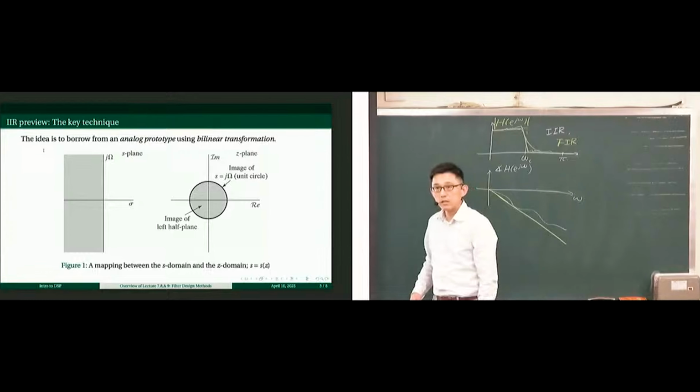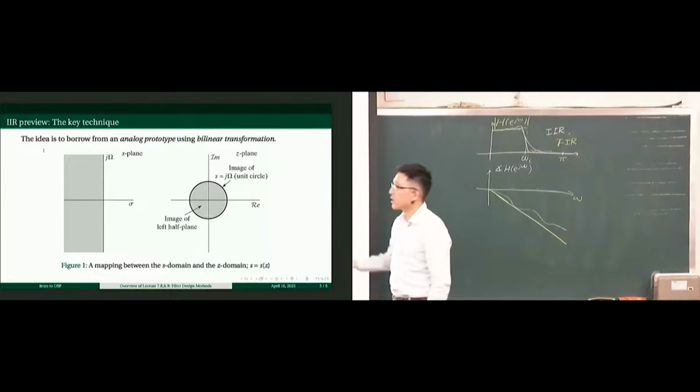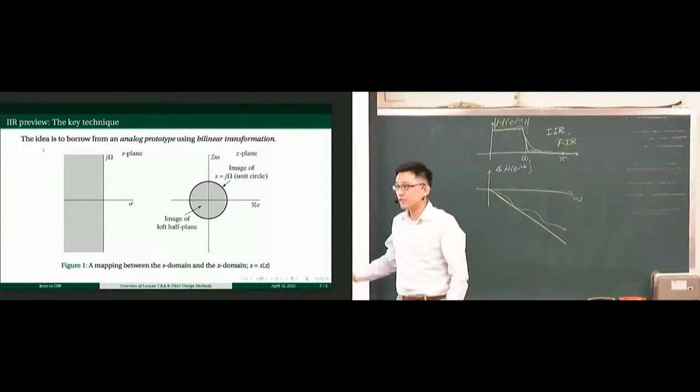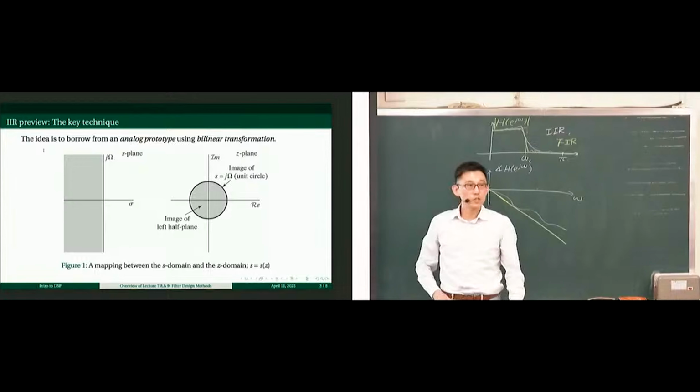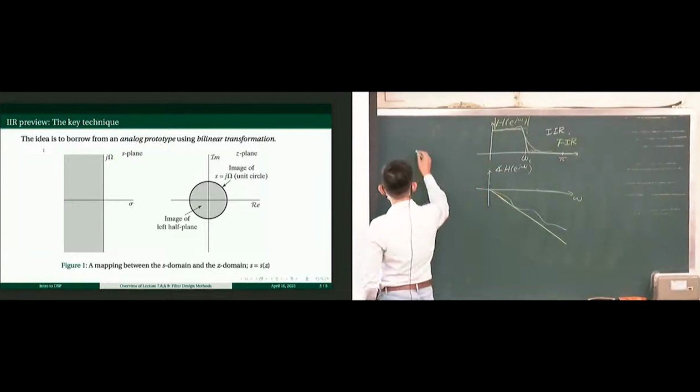Then we will learn a technique called bilinear transformation. Bilinear transformation is a mapping between the Laplace S domain and the Z domain. We'll learn that.